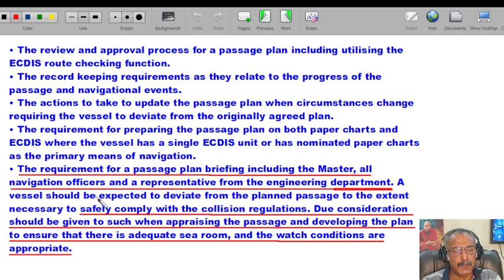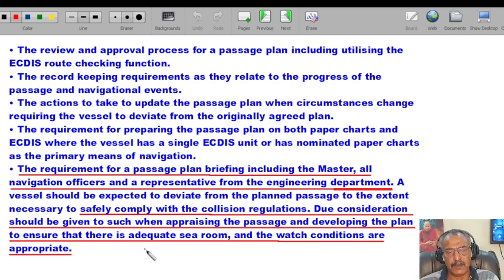A vessel should be expected to deviate from the planned passage to the extent necessary to safely comply with the collision regulations. Due consideration should be given to such cases when appraising the passage and developing the plan, to ensure that there is adequate sea room and the watch conditions are appropriate.